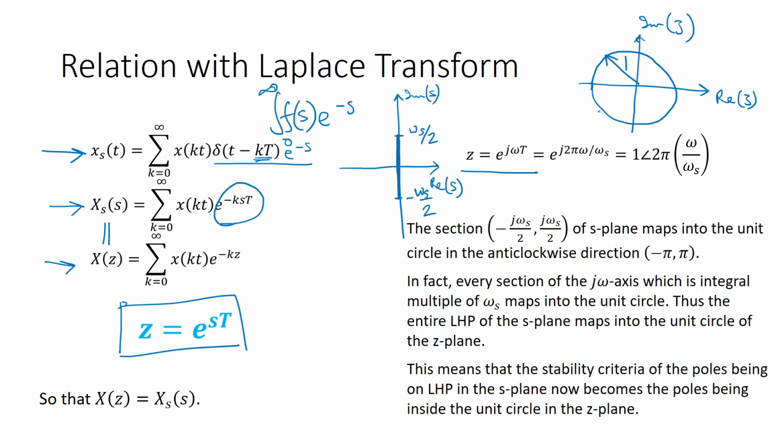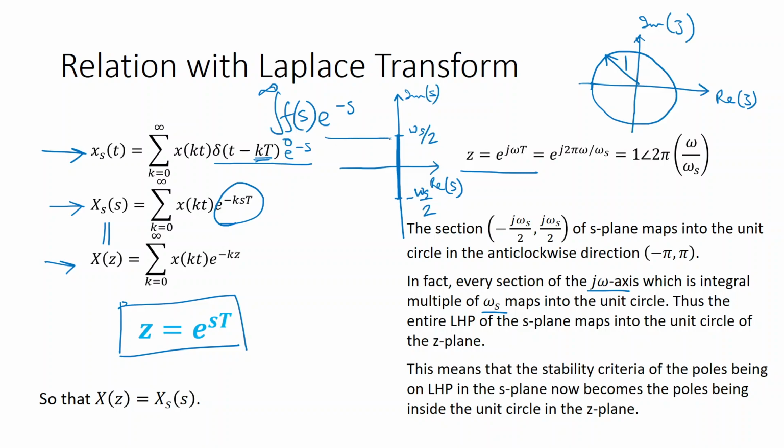So this is what you are doing. So every section of the j omega axis, which is an integral multiple of omega s, maps into the unit circle.